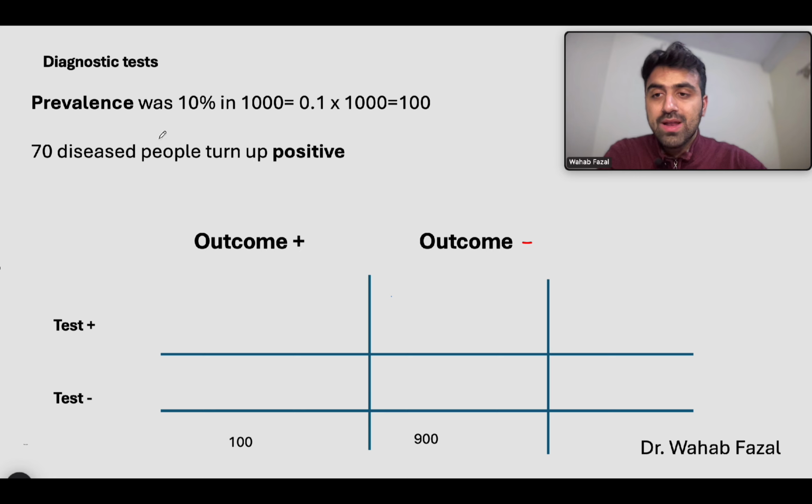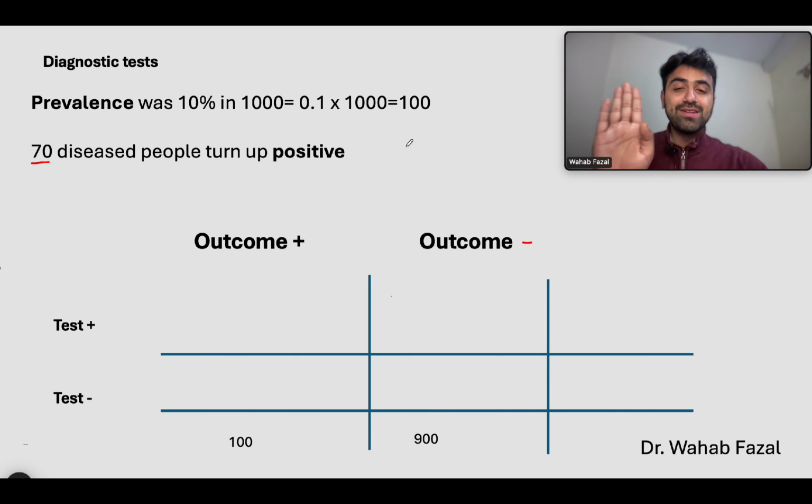Okay, moving on. 70 diseased people turn up positive. Just from this sentence, can you tell me the sensitivity? In 100 diseased people, the test came up positive only 70 times. That means this test has a sensitivity of 70%. But I'm not going to spoil your time.